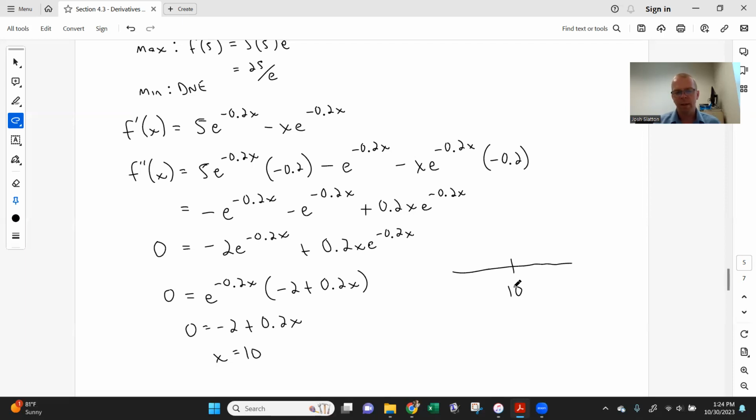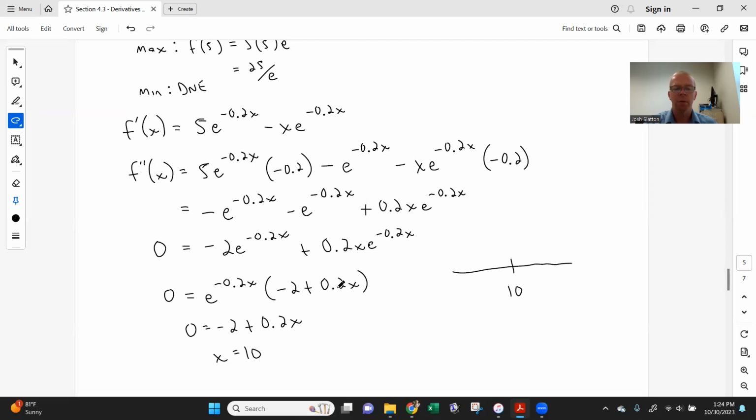All right, so now let's put that on the number line. And we're really looking at the same thing as far as how to do this quickly. This is always positive, so the sign of the second derivative depends on this part. So when is this part negative? When is it positive? Like we talked about in the last video, this is a positive slope linear function, just the part in the parentheses.